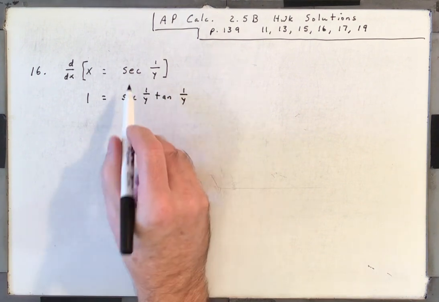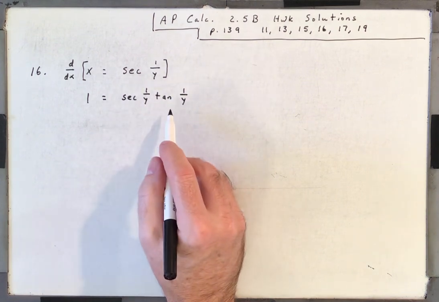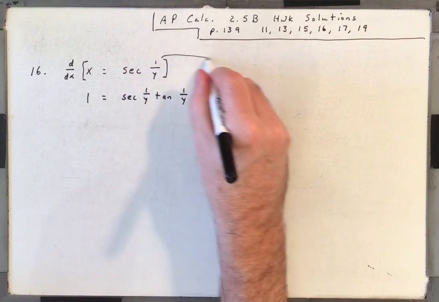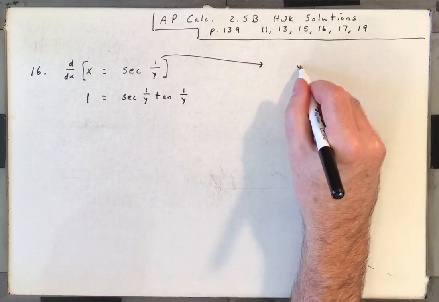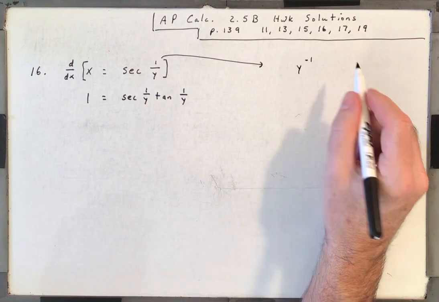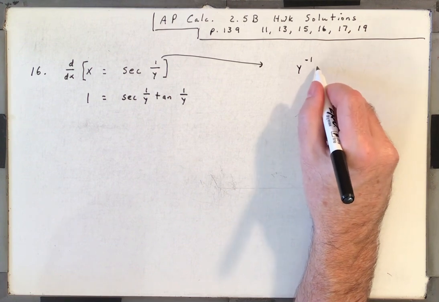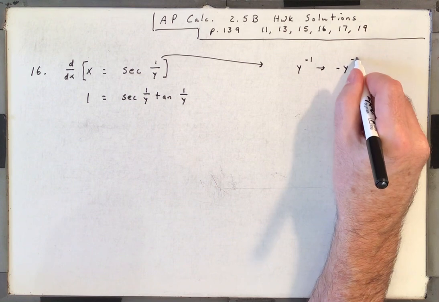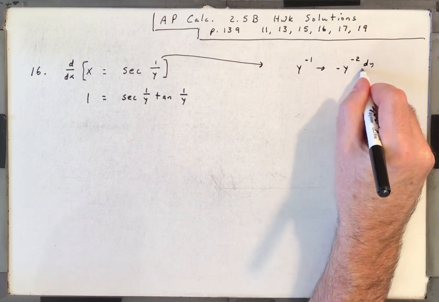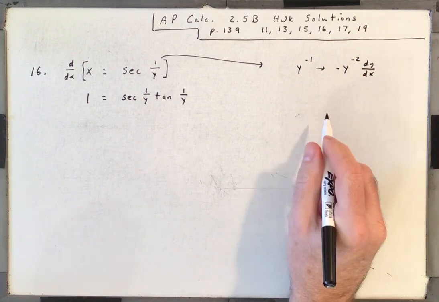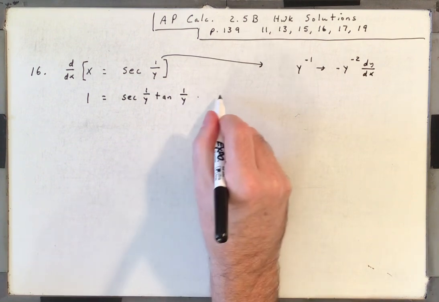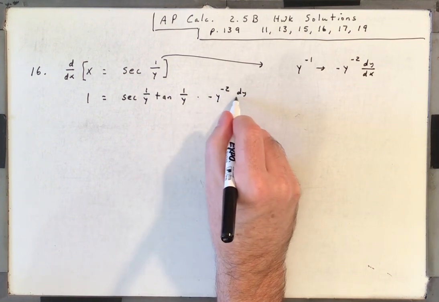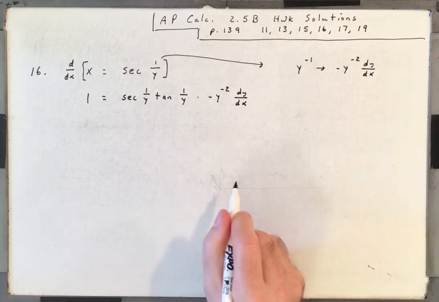Remember, the derivative of secant is secant times tangent. And then what's the derivative of 1 over y? Let's do this over here. So that's the same as y to the minus 1, right? And the derivative of that would be minus y to the minus 2 times dy dx. So times minus y to the minus 2 dy dx.